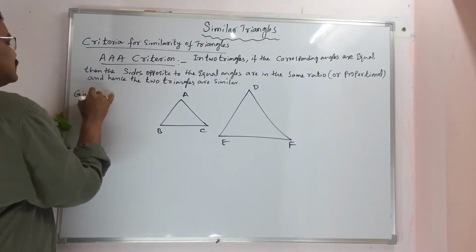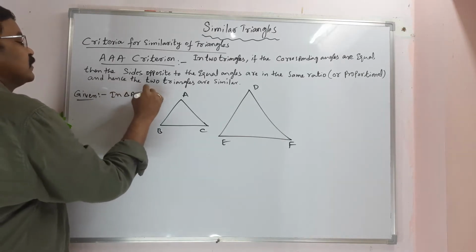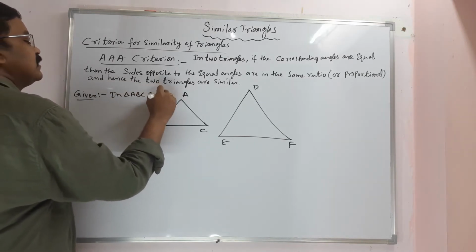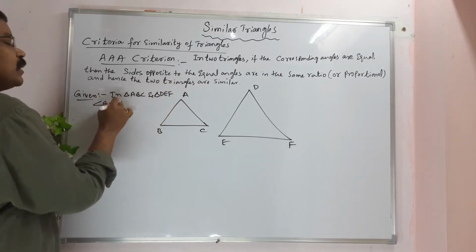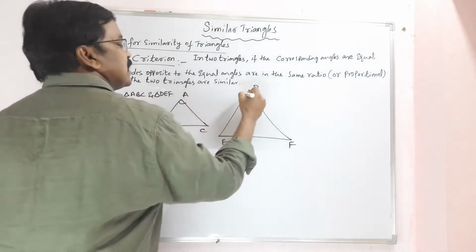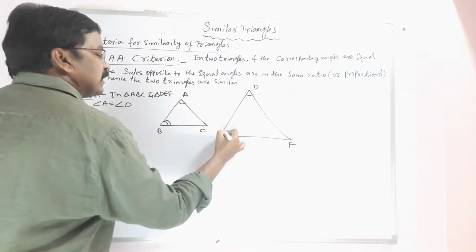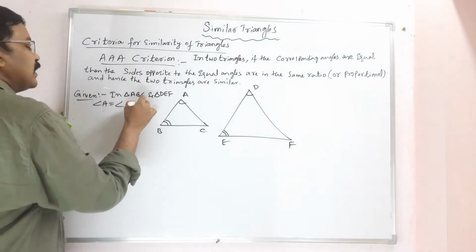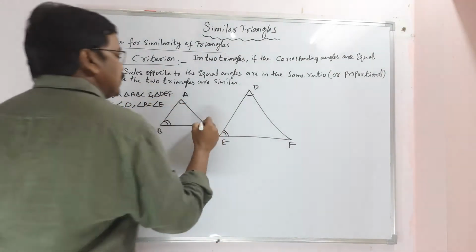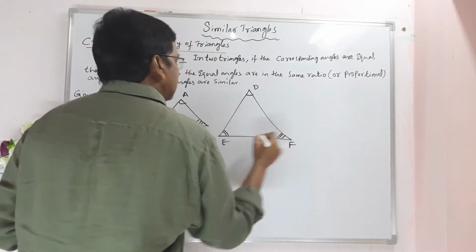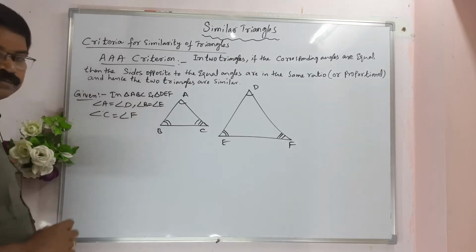That means in triangle ABC and triangle DEF, angle A is equal to angle D, angle B is equal to angle E, and finally angle C is equal to angle F.